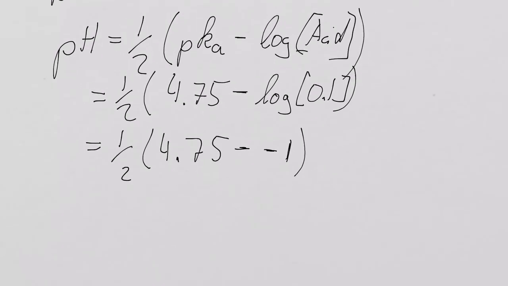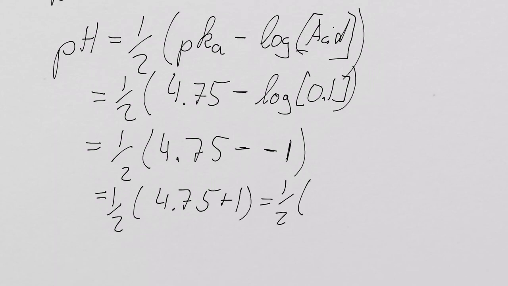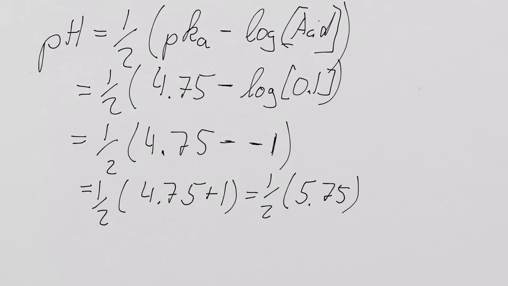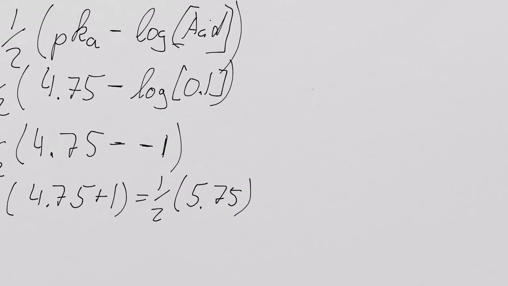So we get here half of 4.75 plus 1, half of 5.75, and half of 5.75 is 2.875. 2.88, something like that.